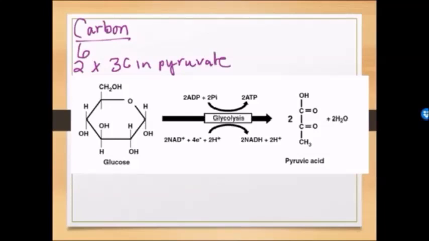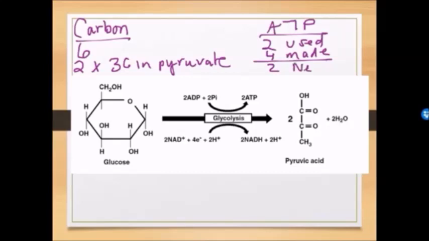We know the summary for our ATP is that we invested 2, so we used 2. We made 4, and that means we have a net of 2 ATPs that are going to be made. And finally, our electron carriers, our NADHs. So far, we have filled up 2 of those. That's the status of our full electron carriers.